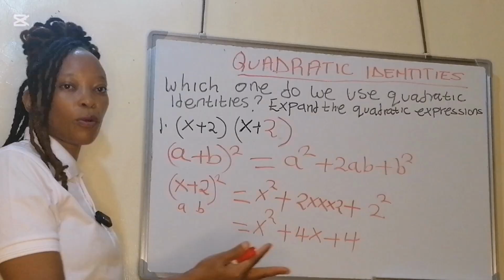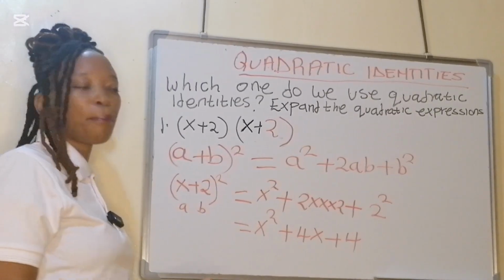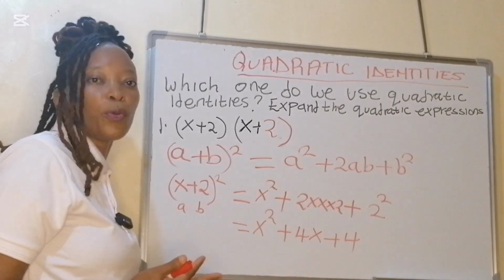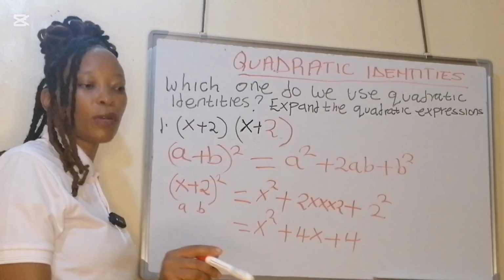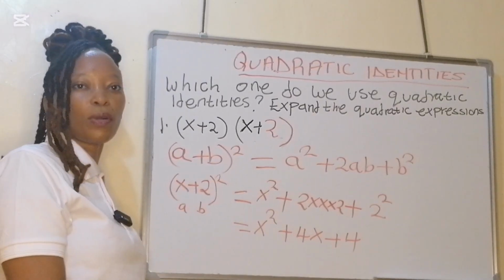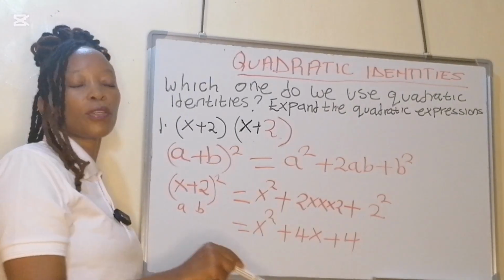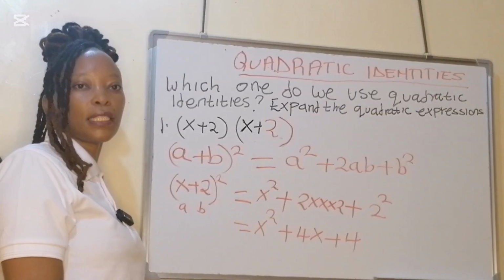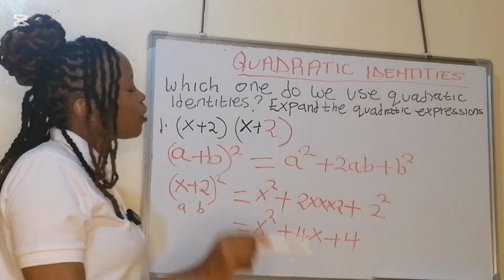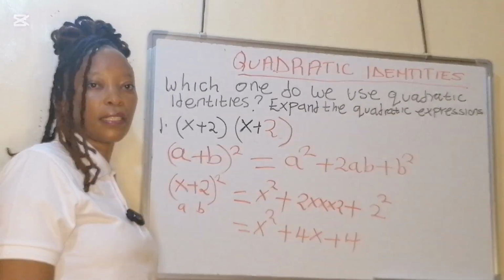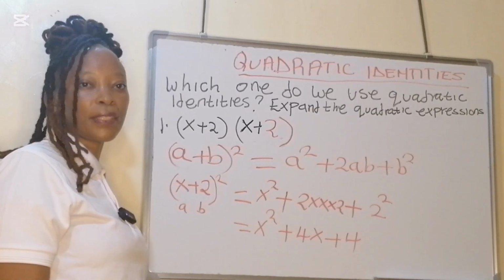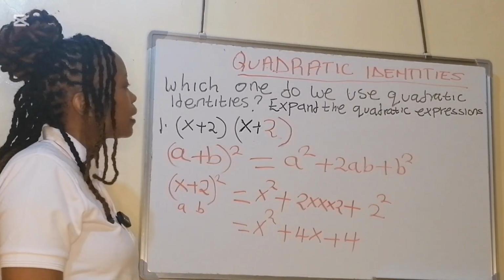When you are given a question in your exam, you should be able to identify: this one I'm going to use the quadratic identity, this one I'm not going to use it, I will use the long method to expand. That was my main goal, and I hope I have achieved it.